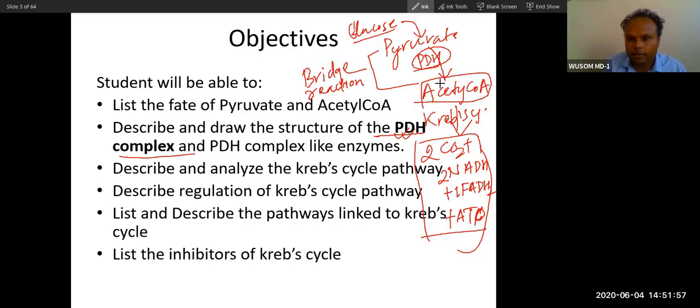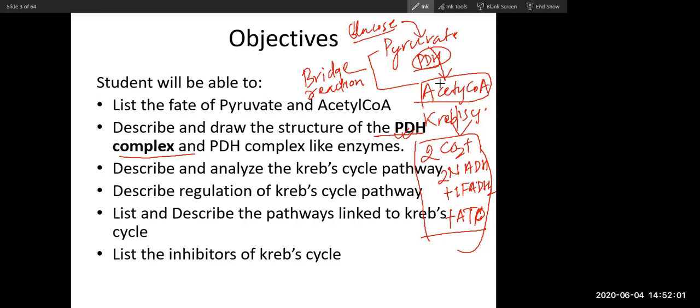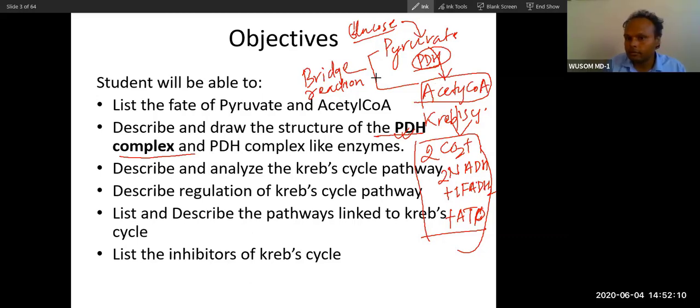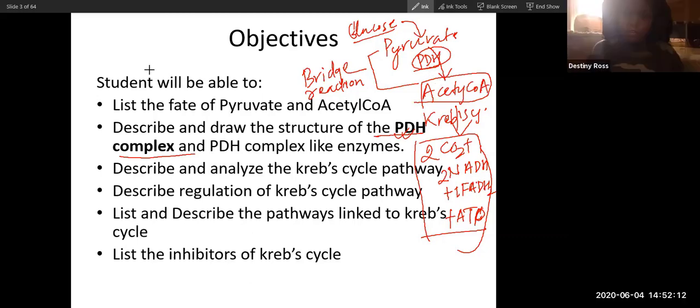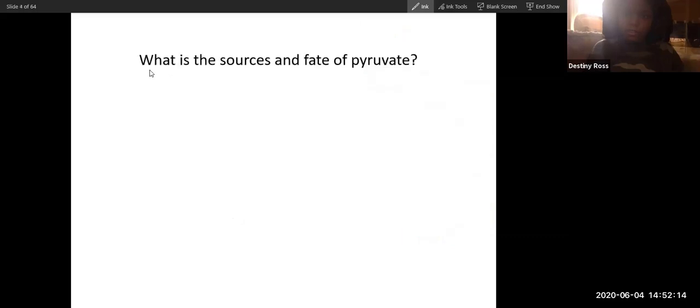Did you understand this? Bridge reaction? Yes, sir. No, sir. Go over again, please. The PDH complex, is that the bridge reaction? Yeah, bridge reaction. Now I'll tell you.